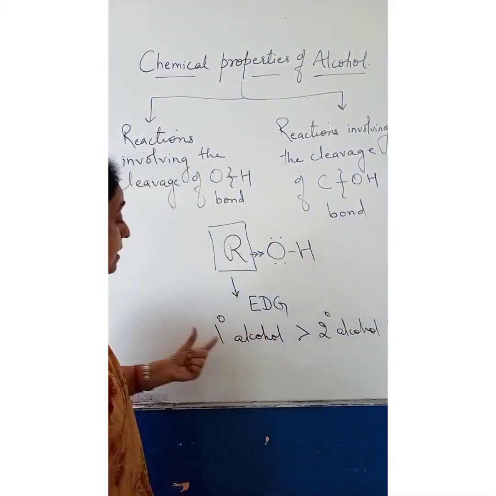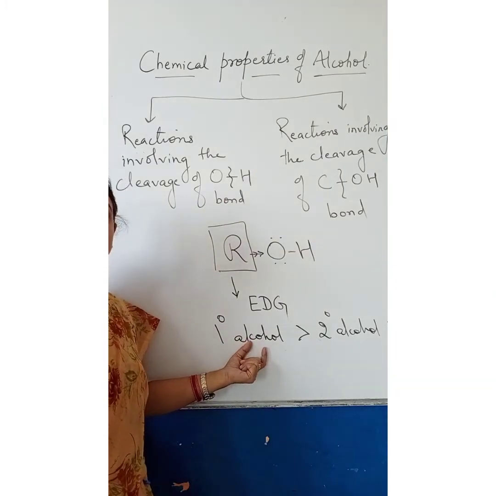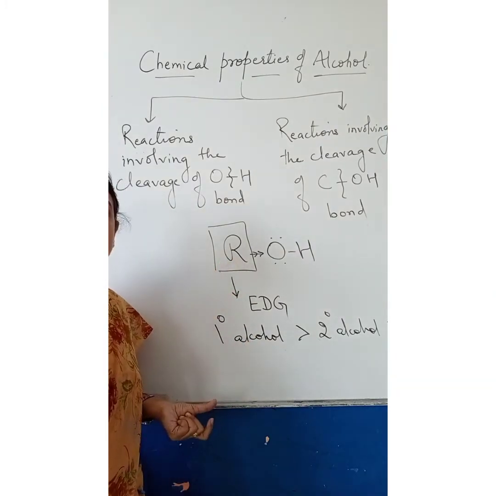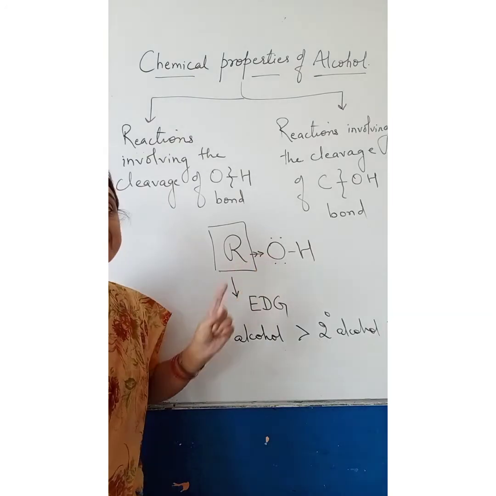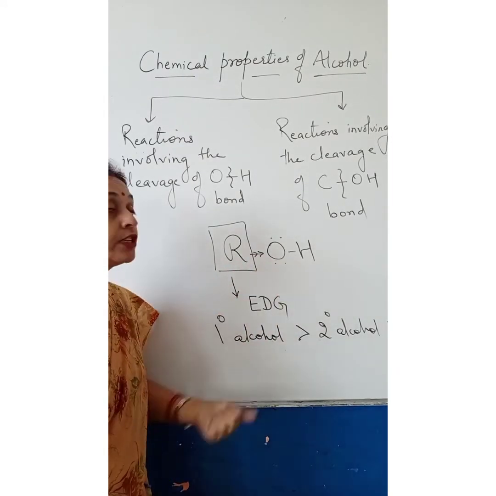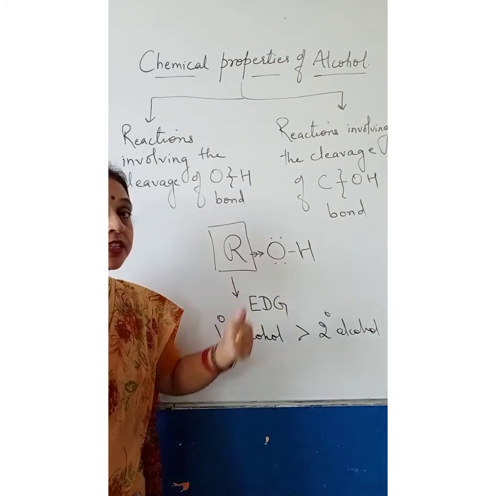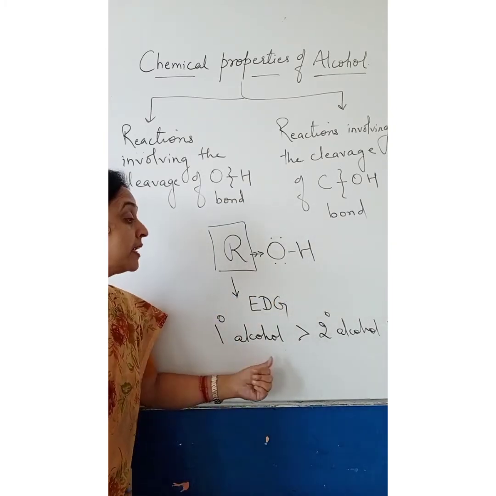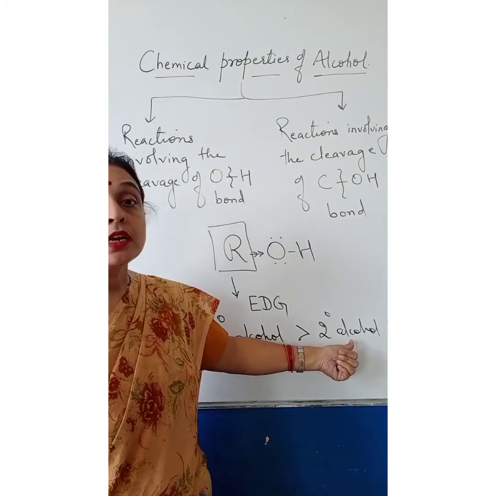What does it mean? In case of 1 degree alcohol, there is presence of only one alkyl group. So there is less increase in electron density on oxygen. So hydrogen can be lost. But here we have two alkyl groups.